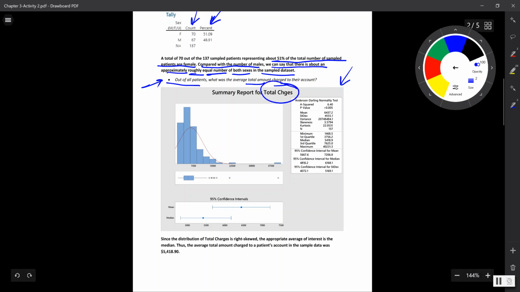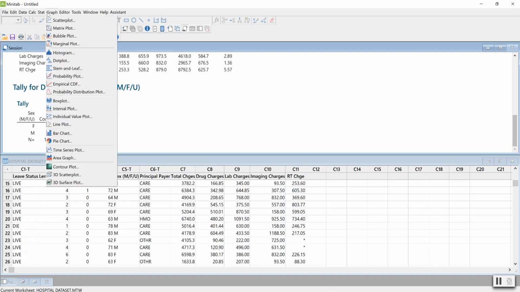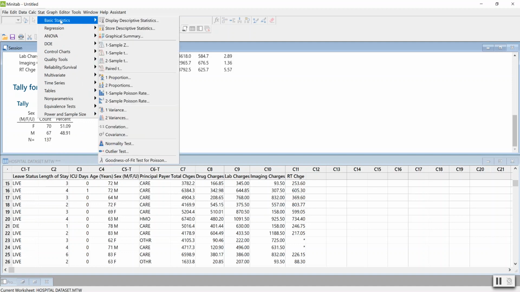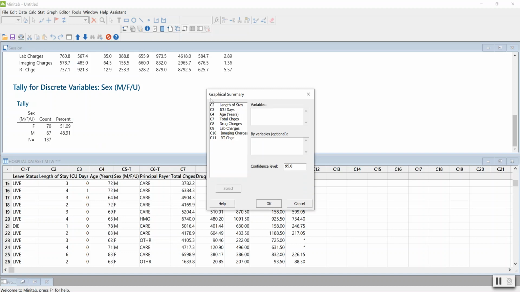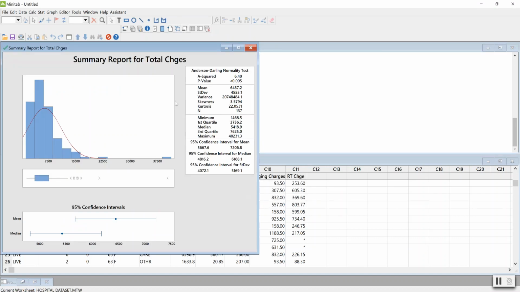So we go into Minitab and click on Start, go to Basic Statistics, and then Graphical Summary. And all we want to discuss for now is total charges. Click on OK, and that helps us to generate this chart.